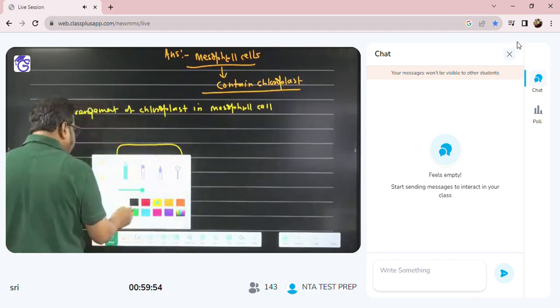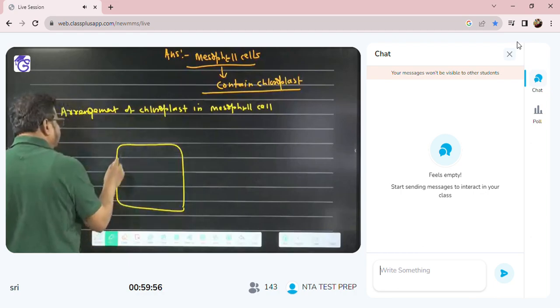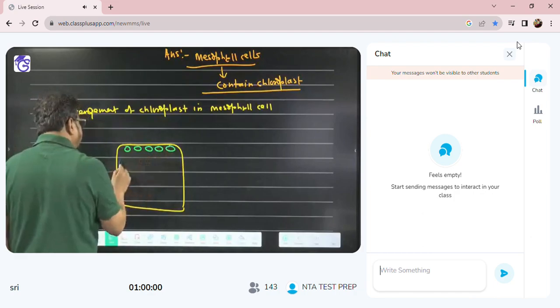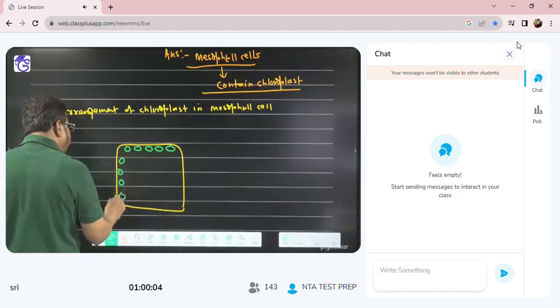So in the mesophyll cell, where is the chloroplast present? In the mesophyll cell, chloroplasts are arranged in the periphery. Chloroplasts have a peripheral arrangement.